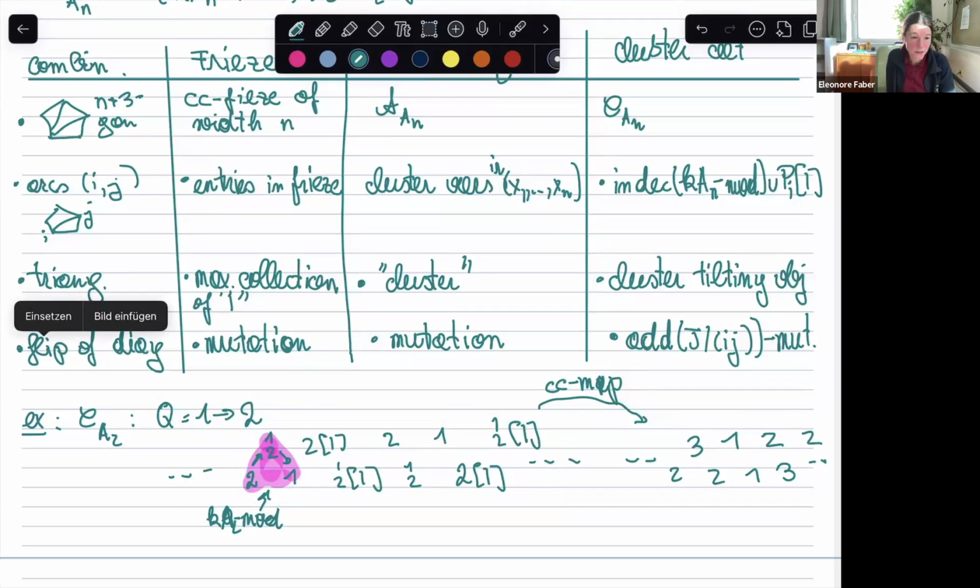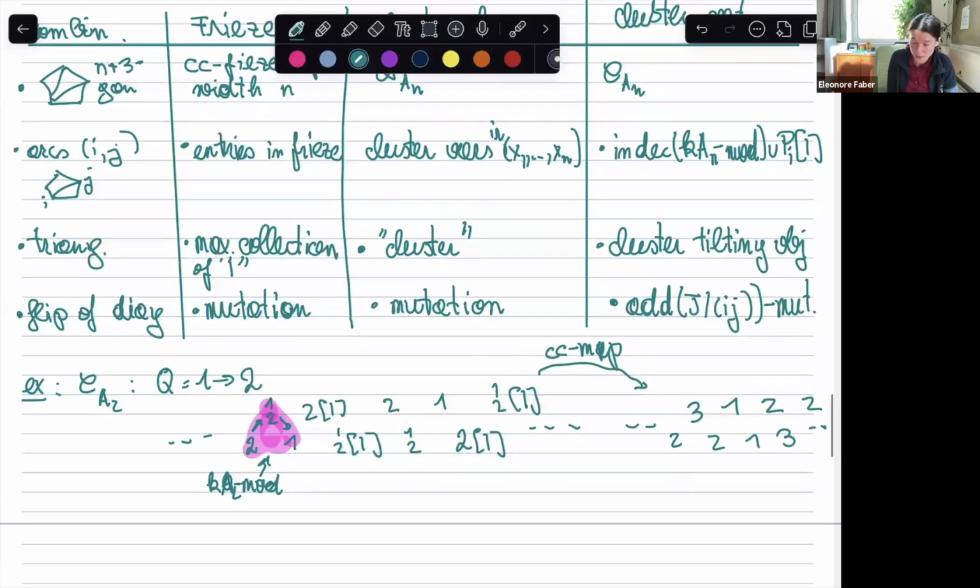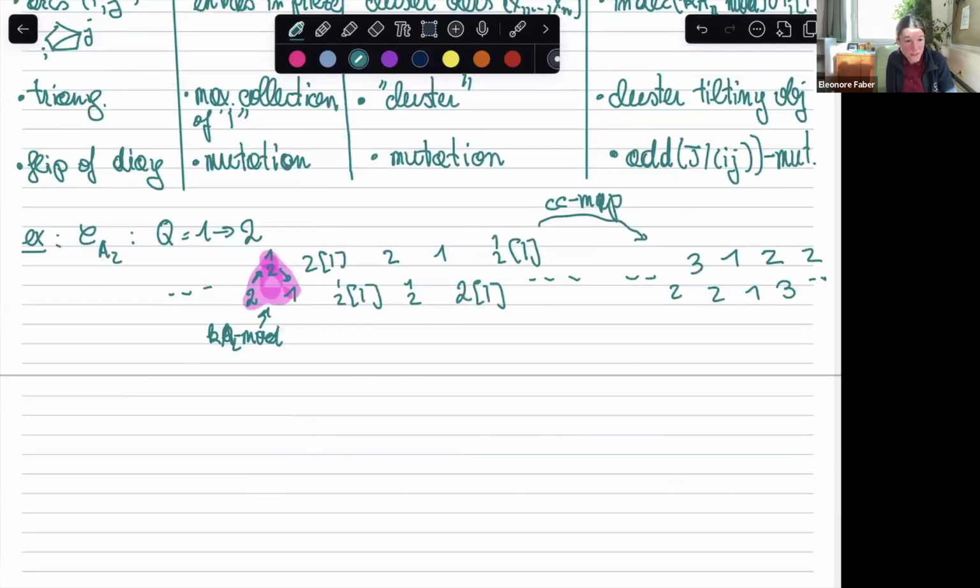Okay, so this is about multiplicative friezes. So then for these multiplicative friezes, or for cluster categories of type A, we can associate a polytope as well. So this is actually coming from physics.